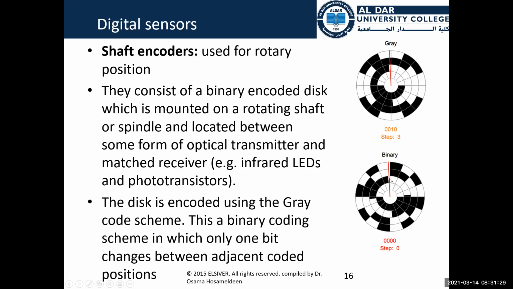So when we have an error here, this error will affect the measurement, because the values will change immediately between, for example, 1101 and 1111, and then return back to 0011. This is going to confuse the sensor, but this one will not confuse the sensor.